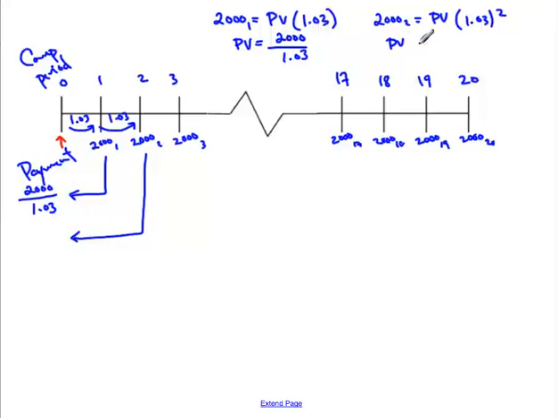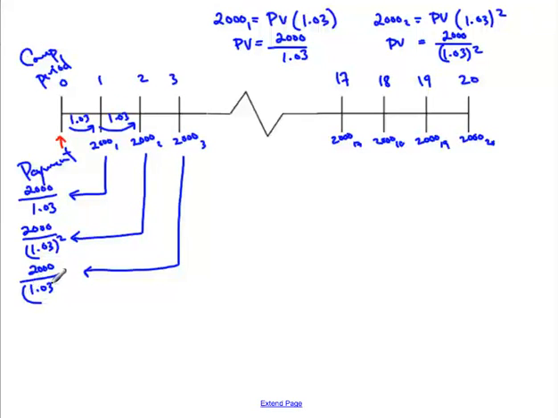Solving for the present value, I get 2,000 divided by 1.03 squared. So that's the present value of the second $2,000. In other words, it's the amount of money I need to put in now to have $2,000 in 2 compounding periods in this account. The third one, following the pattern, would be 2,000 divided by 1.03 cubed.